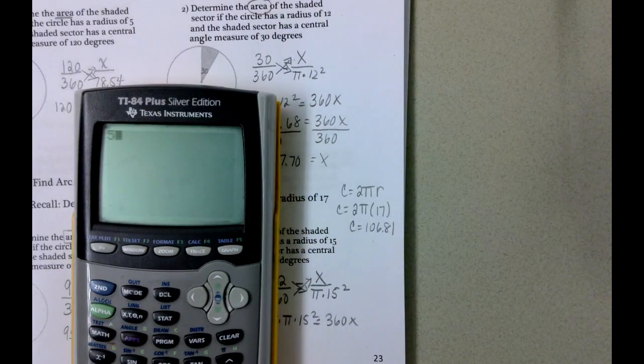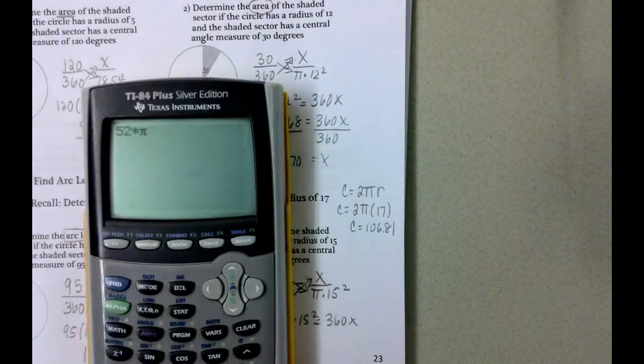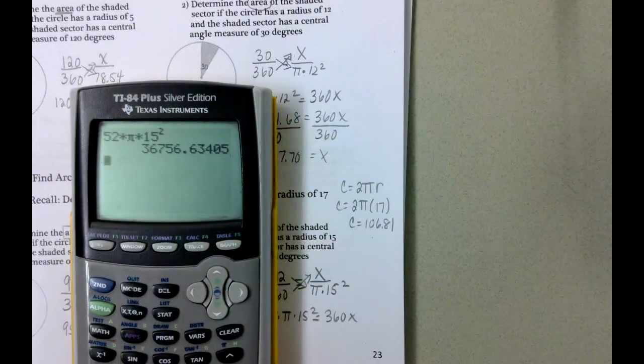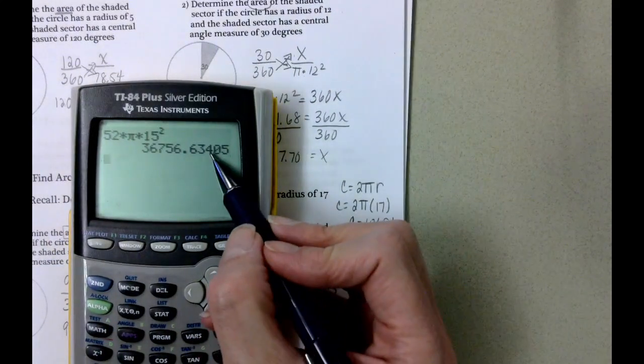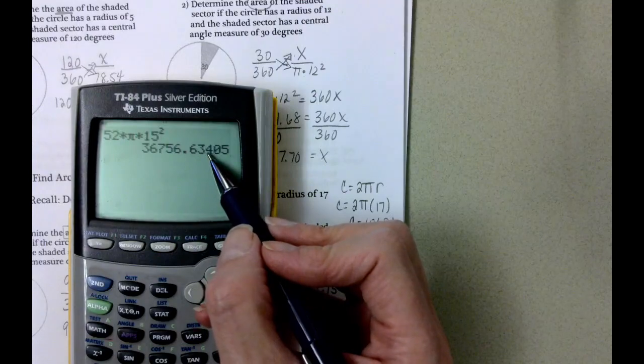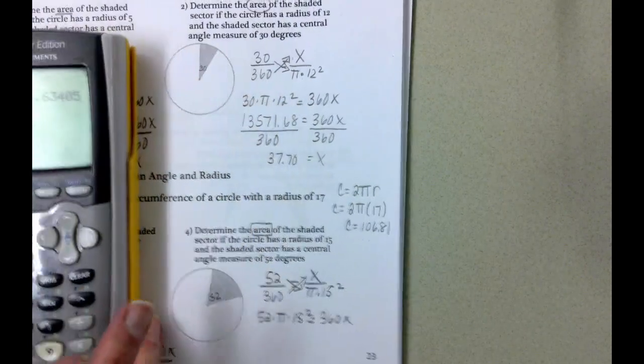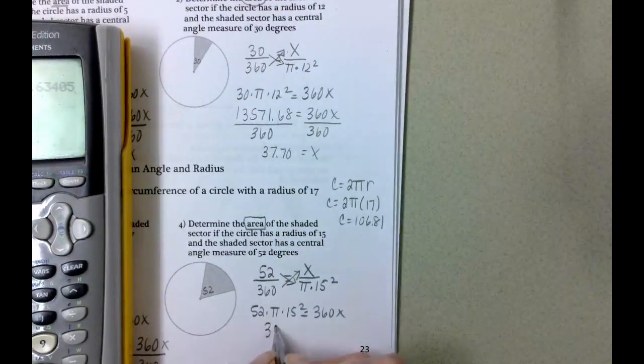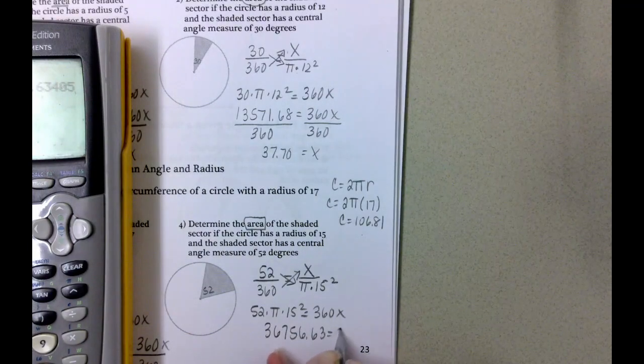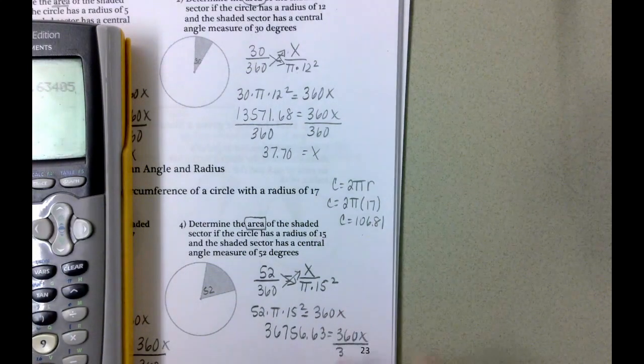52 times pi times 15 squared gives us that number. We're looking at the 4. We're going to keep that a 3 because 4 is less than 5. 36,756.63. And then we're going to divide both sides by 360.